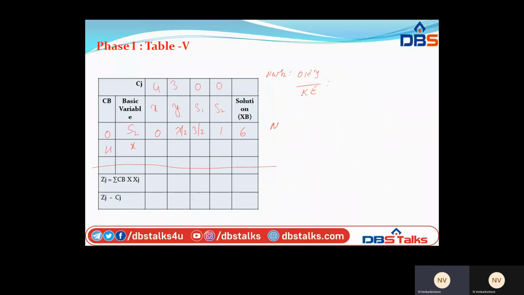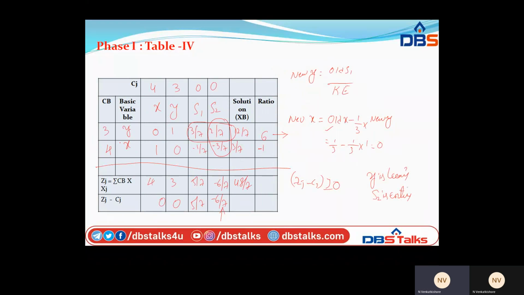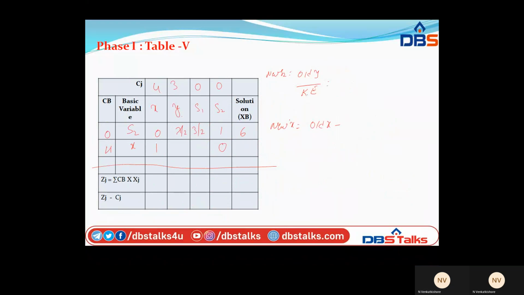According to that, new x is equal to old x minus, here we will find 1, here we will find 0. So here we are getting the 0, x0 in this case, that is minus 3 by 7, plus 3 by 7 into new s2.